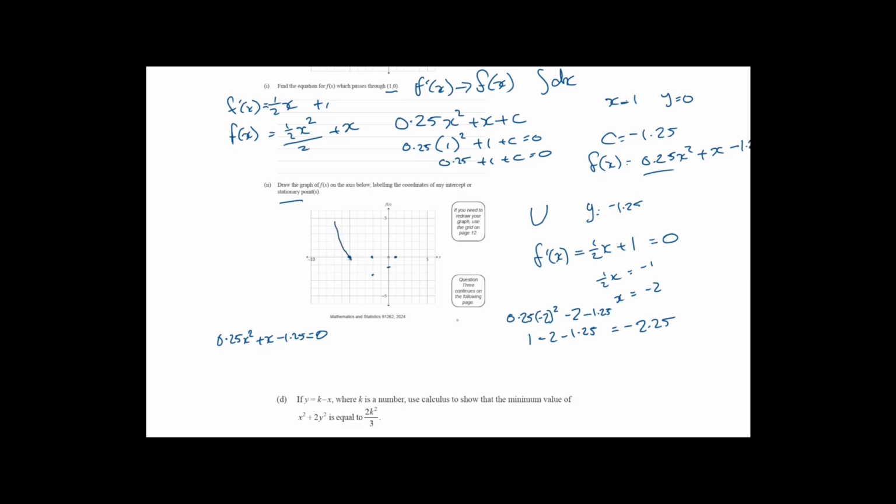So it's going to kind of go like that. Again, I'm not an artist, so it's at negative 2, negative 2.25, with roots at 1 and negative 5, and that's pretty much all we need to do.